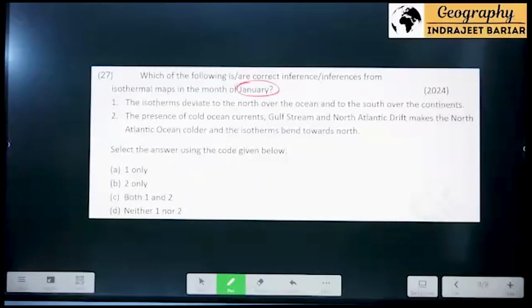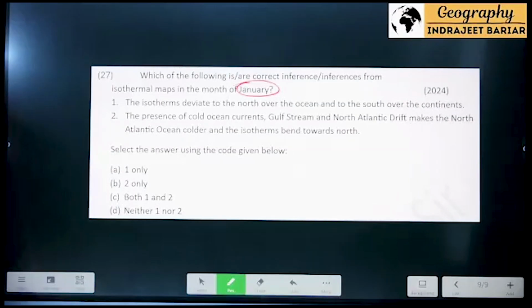Then we will discuss it. Just type the answer in the chat box. I'm reading it.